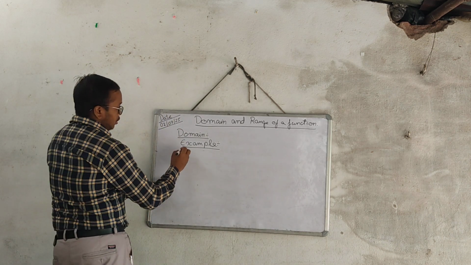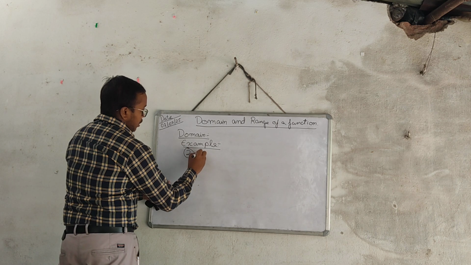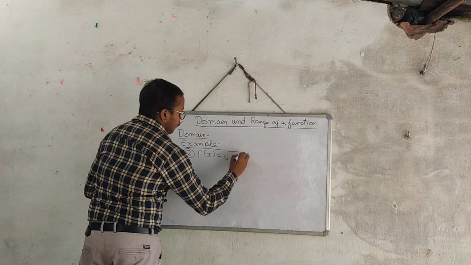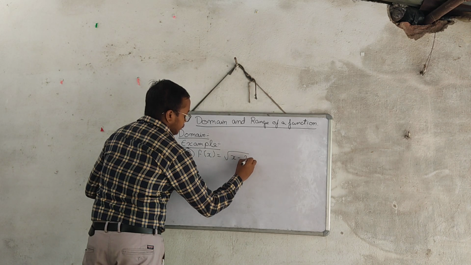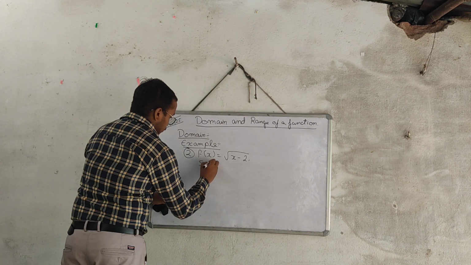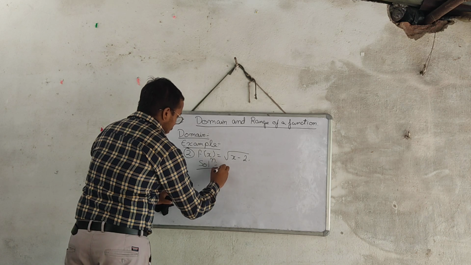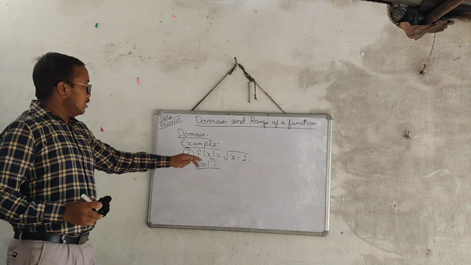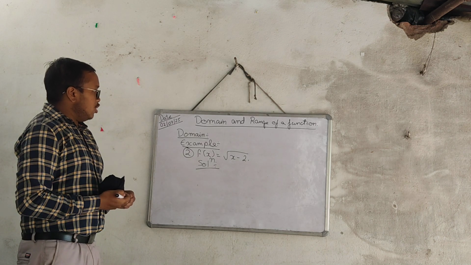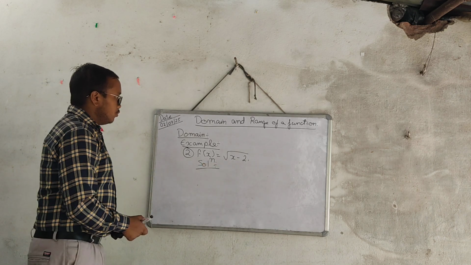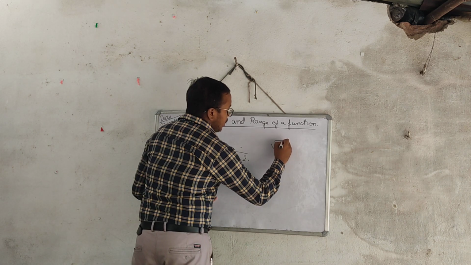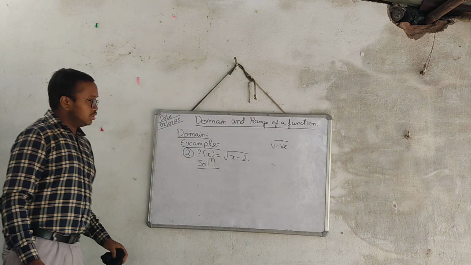Second example, we'll take a function f(x) = under root of x minus 2. Solution. Here we see that under root of x minus 2. If we get a negative number under the root, will it be a real number or a complex number?